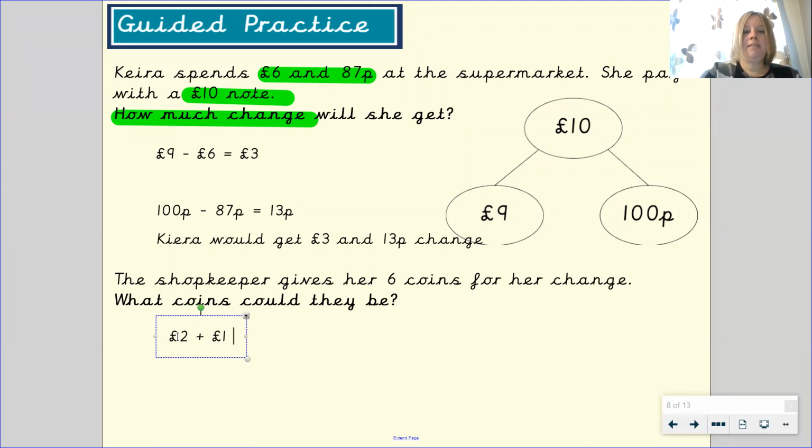So I've made my £3. I now need to make my 13p, and I need to make my 13p using 4 coins because I've just used 2 coins so far.